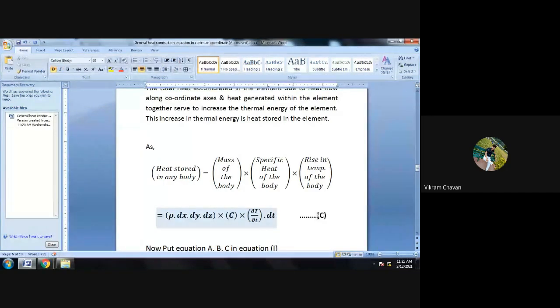Write down this part C: rho dx dy dz C, delta T by delta t, dt. Is everyone getting it?